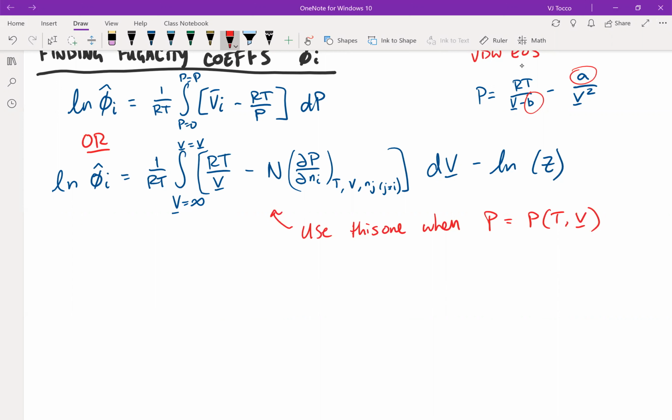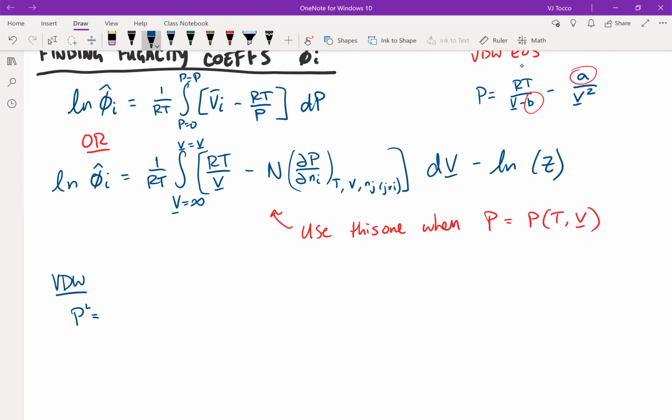How do I choose which A and B to use, or how do I assign a value to A and B? So what I mean is that when you use this equation to find what ln of phi is, you would write one of these equations for the liquid phase and one for the vapor phase. So for example, in the van der Waals equation of state, I would have to put a superscript to tell me what phase I'm talking about.